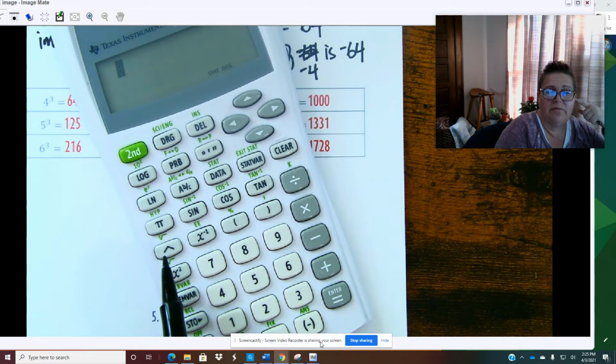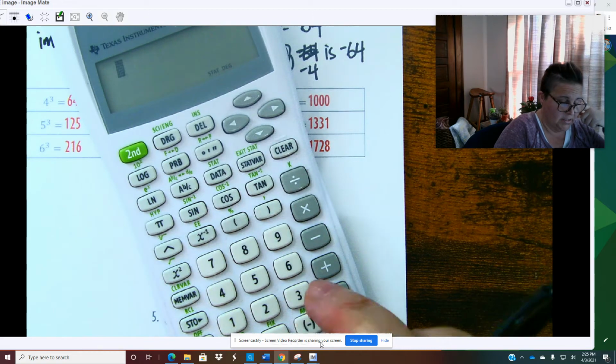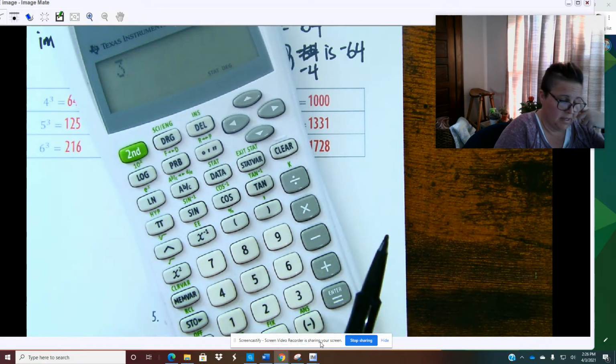But directly above that is the chevron key, which gives us different powers, right? It lets us take it to the third power, the fourth power, the fifth power. But above that, do you see how you've got a square root, but there's an X in the index? Where the index would be, where the 3 would be for a cube root, they've put an X. So what we're going to do is write a 3 on the calculator.